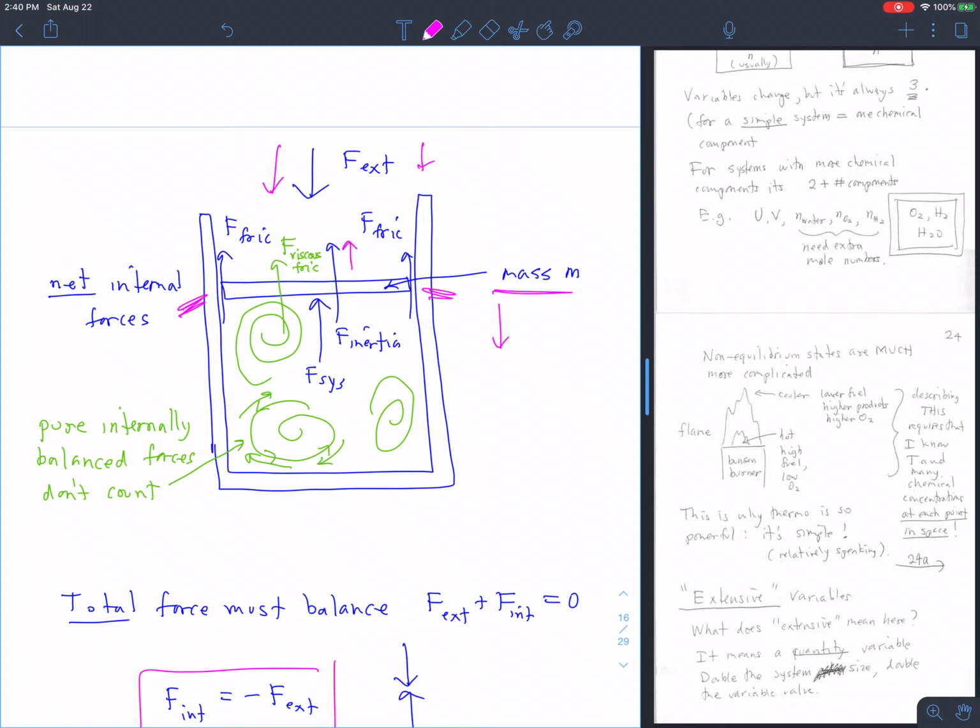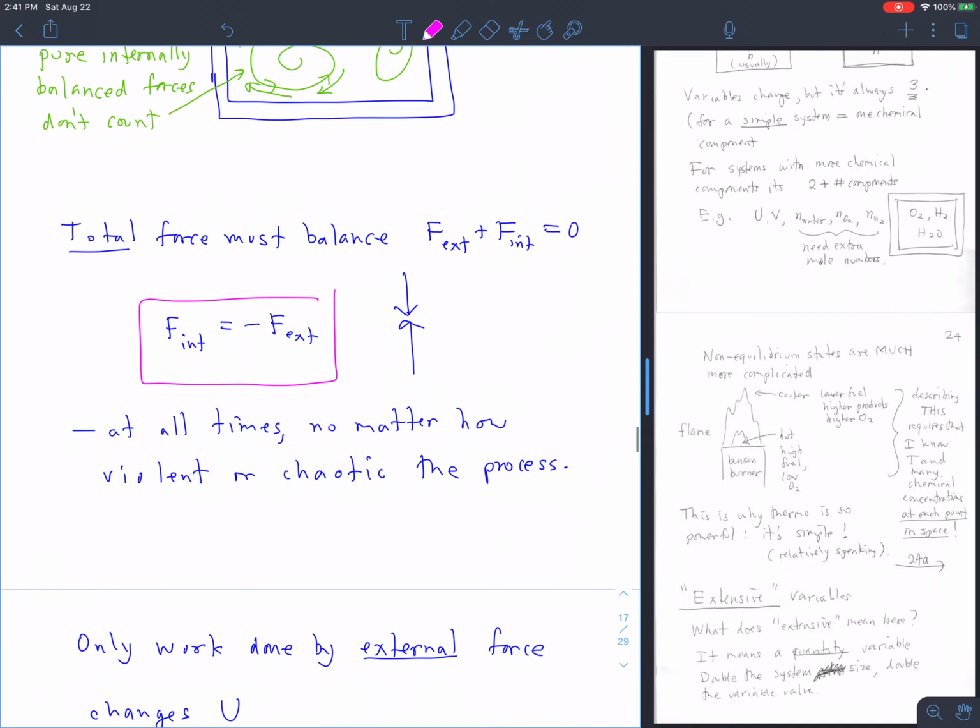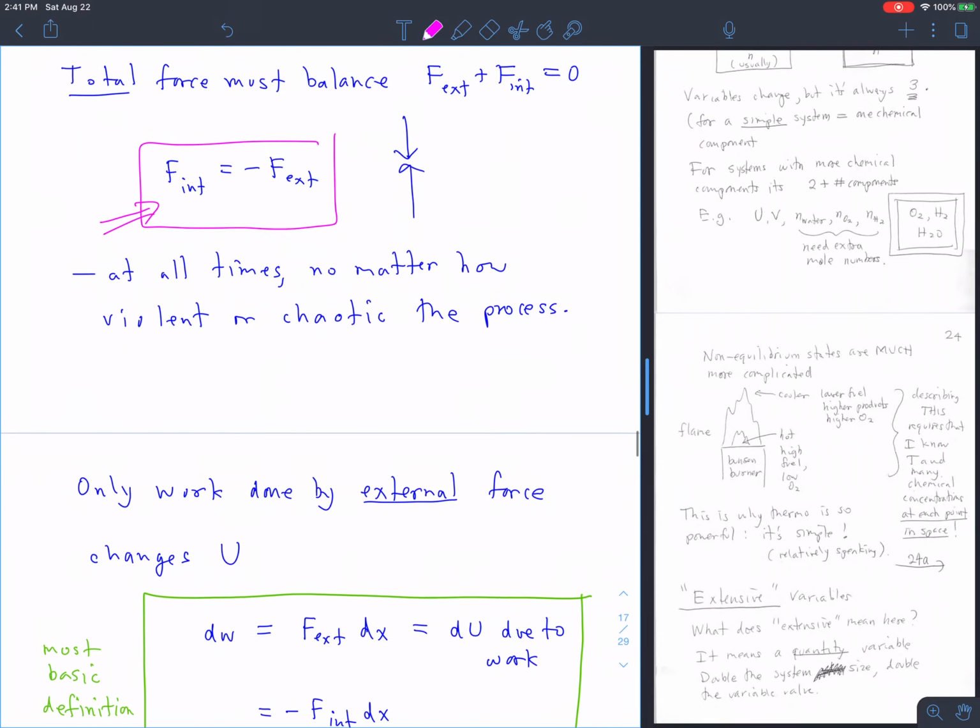But also there may be swirling gases or swirling fluids or liquids or anything inside. And some of that at least gives rise to an intrinsic viscous friction that also resists the movement of the piston. And of course, the pressure inside is also going to result in a system force that will push back against the external force. So yes, the forces have to balance at all times.